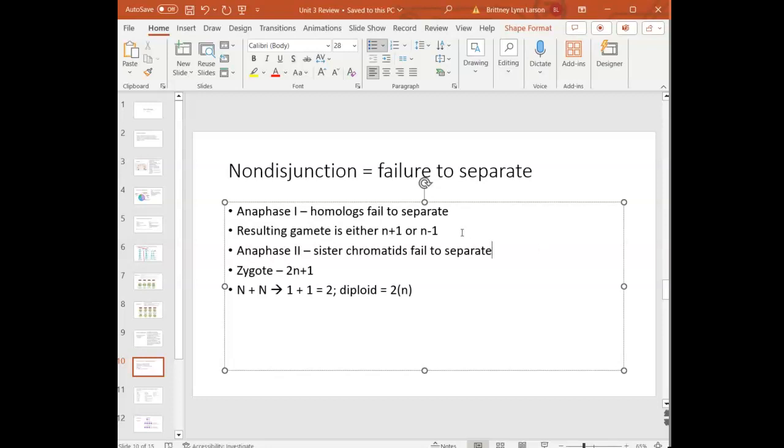If that gets fertilized, so if we think about it this way, right, the sperm is maybe n, right, so a normal sperm fertilizes a non-disjunction egg, which would be n plus 1, right, you will end up with a zygote, okay, that is going to be 2n plus 1. 2n plus 1 would be things like trisomy.